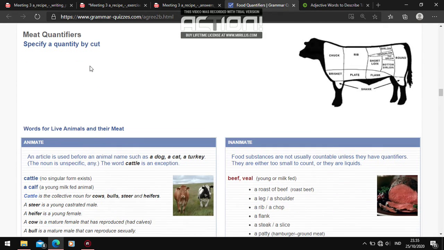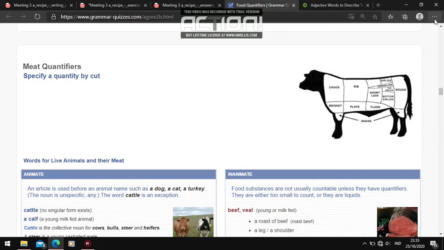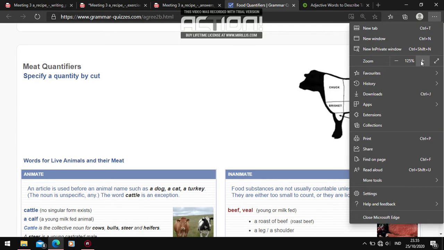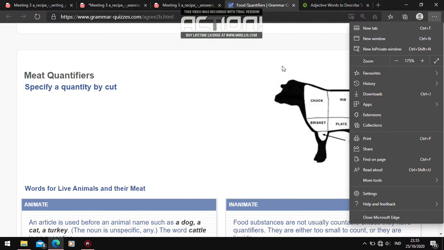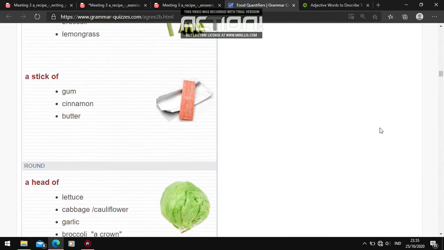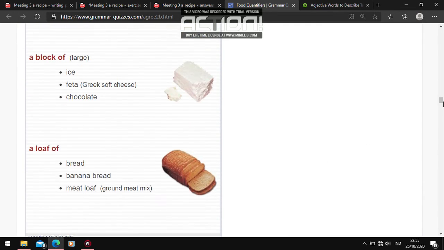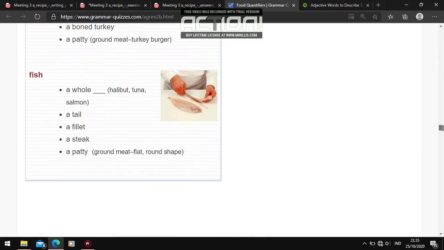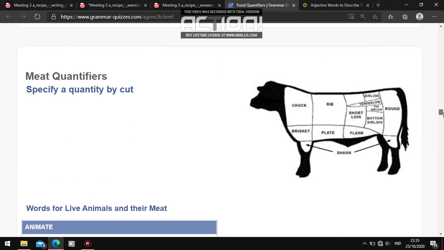There are a lot. Ada meat quantifiers nih. Kalau yang pernah makan-makan daging tuh, potongan badannya itu makanya beda-beda. Gitu. If you have found steak, misalnya ke warung-warung steak atau makan steak, ya kan pasti ketemu sama yang ini. Mana tadi gambarnya? This one.